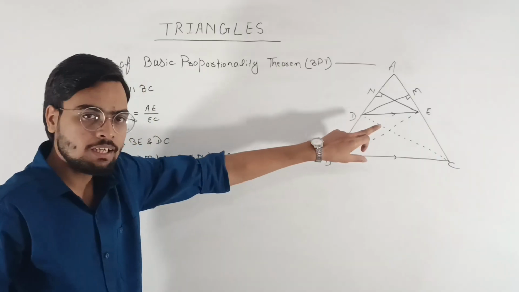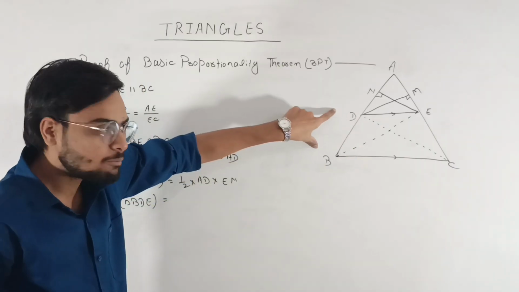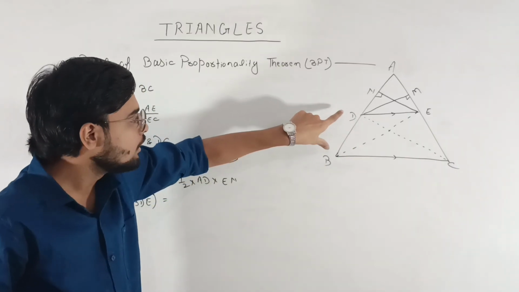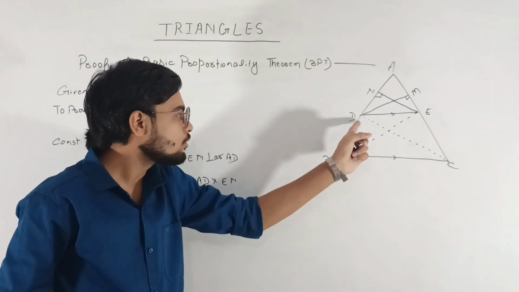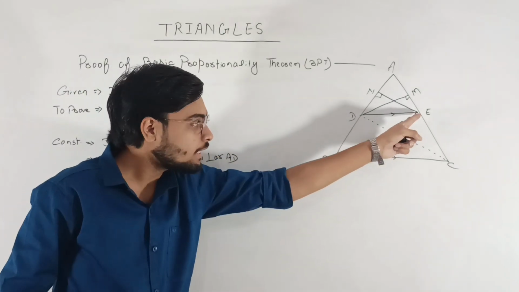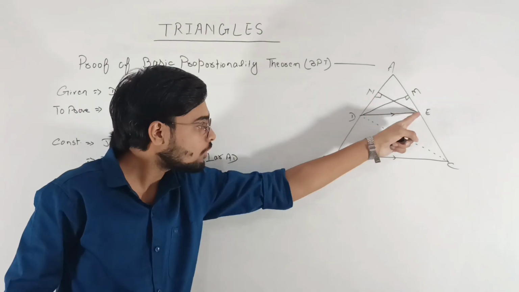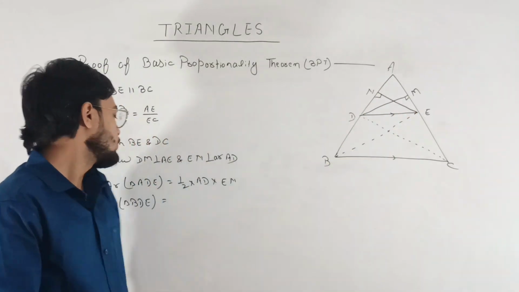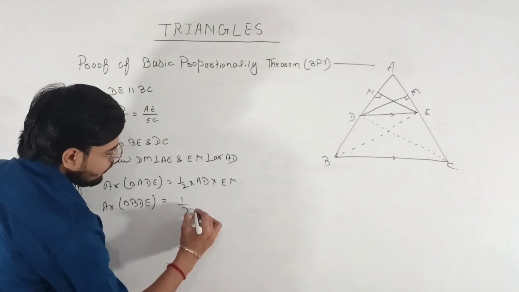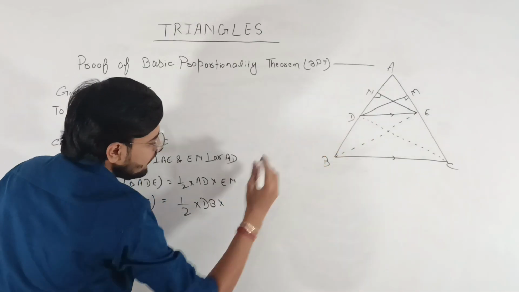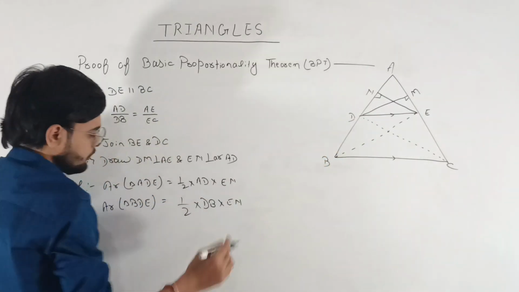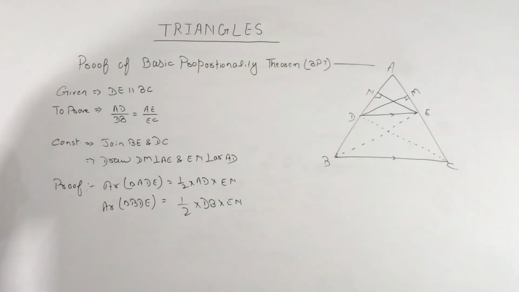Now for this triangle BDE, I take DB as base. Now DB as base, which means height is perpendicular from opposite vertex. So opposite vertex of DB is E and perpendicular is EN. So for this height is EN. So area is half into base DB into height EN. Okay, this is the area.